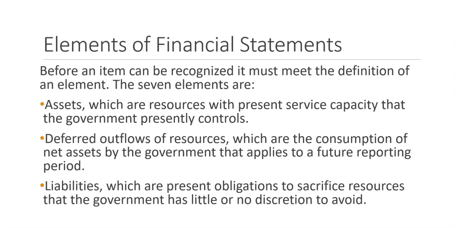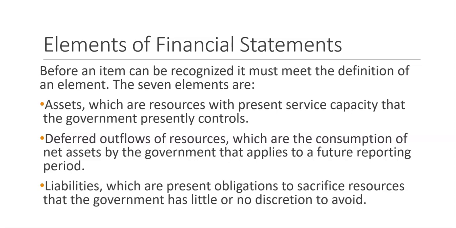So before an item can be recognized, it must meet the definition of an element. Okay, so the 7 elements that we're looking at for government financial statements are assets. So resources with service capacity that the government presently controls. Deferred outflows of resources.